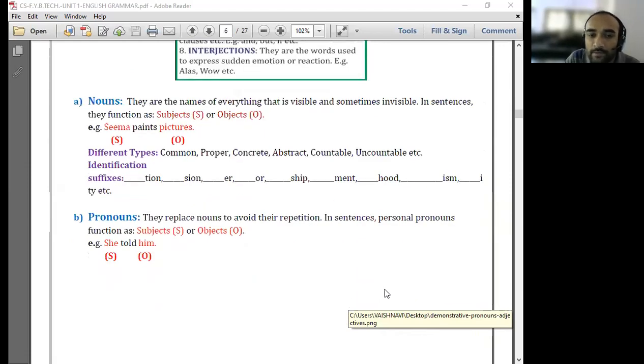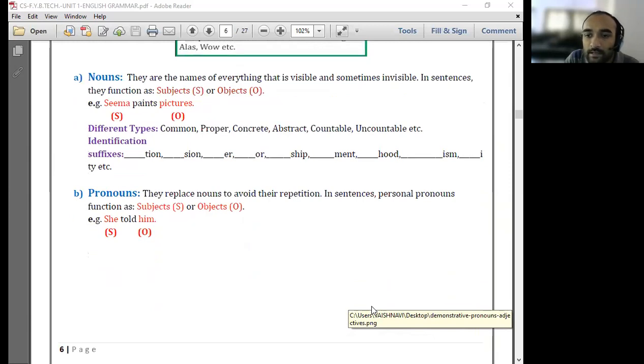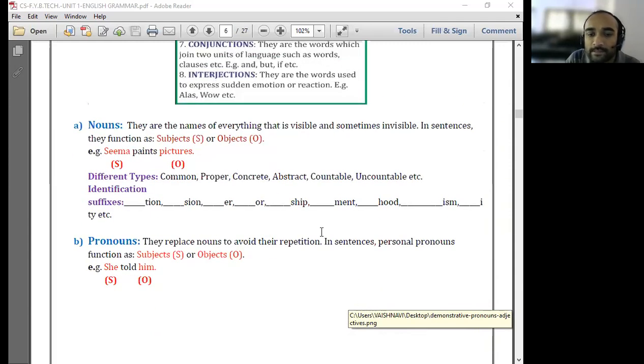In the nouns, we have seen that there are different types of nouns. Okay, means common noun, proper noun, concrete noun, abstract noun, countable and uncountable. And we also have seen that we can identify nouns by their suffixes also.